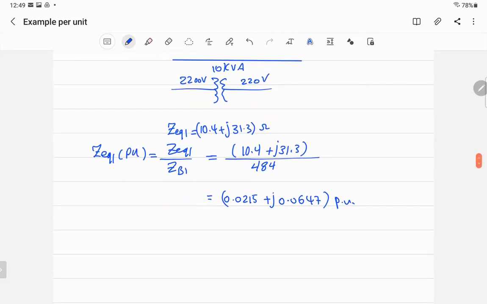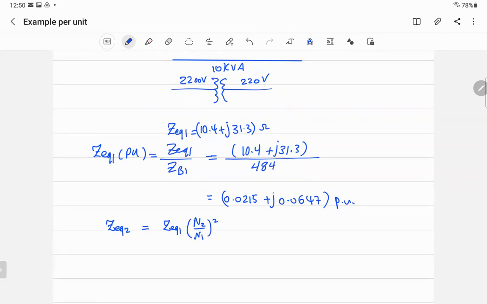If you want to find the Z equivalent 2 per unit, first you have to find Z equivalent 2. How do you find it? Z equivalent 2, or Z equivalent 1 dash, will be equal to Z equivalent 1 multiplied by (N2 over N1) squared.